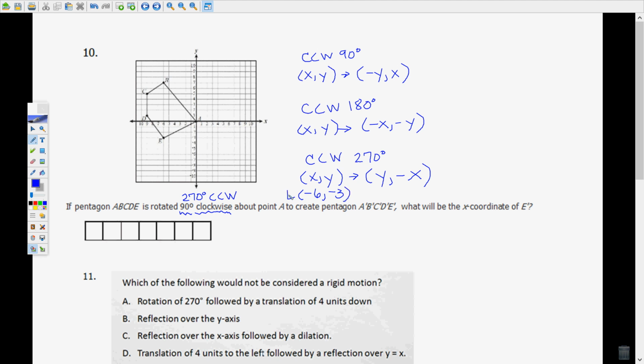That's your point E. So your new E prime would be bringing your y forward, -3, and changing the sign of your x and moving it to your y position, 6. They want to know the x coordinate, so the x coordinate is -3. These are things that you'll need to remember as you work these problems and as you take your EOC.